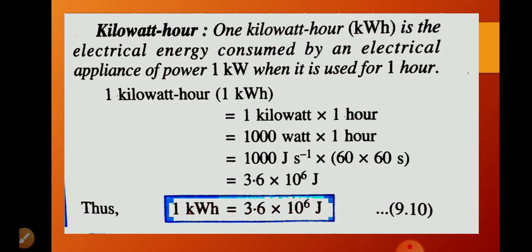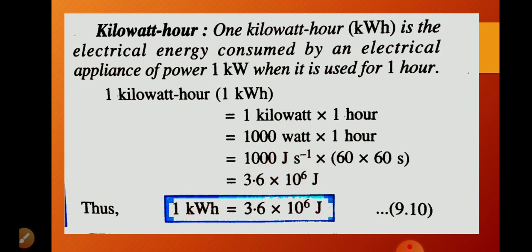So 1 kilowatt hour is equal to how many joule? 1 kilowatt hour is equal to 1 kilowatt into 1 hour, P into T. Power is 1 kilowatt and time is 1 hour. 1 kilo means 1000 watt, so 1 kilowatt is equal to 1000 watt into 1 hour. 1 hour is equal to 3600 seconds. So 3600 into 1000 gives 36 into 10 raised to 5, or 3.6 into 10 raised to 6 joule.